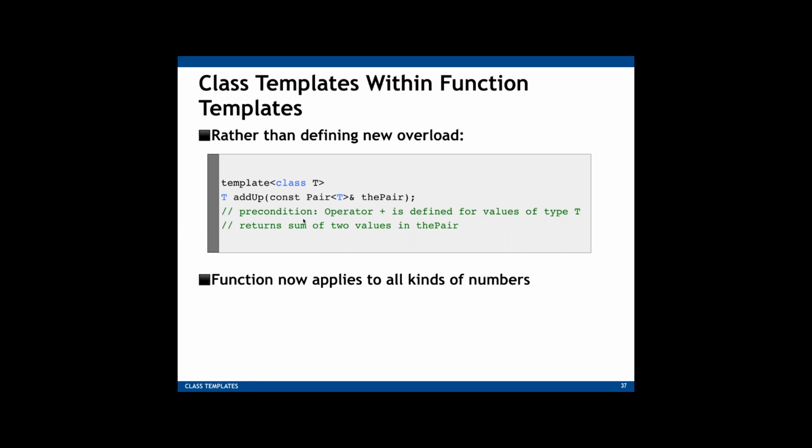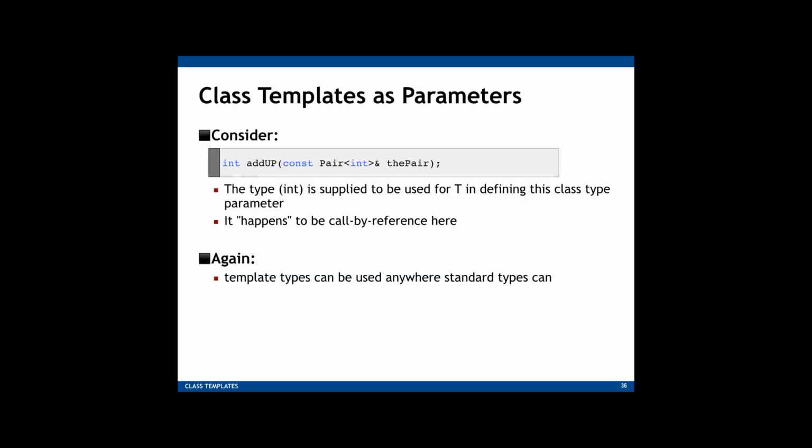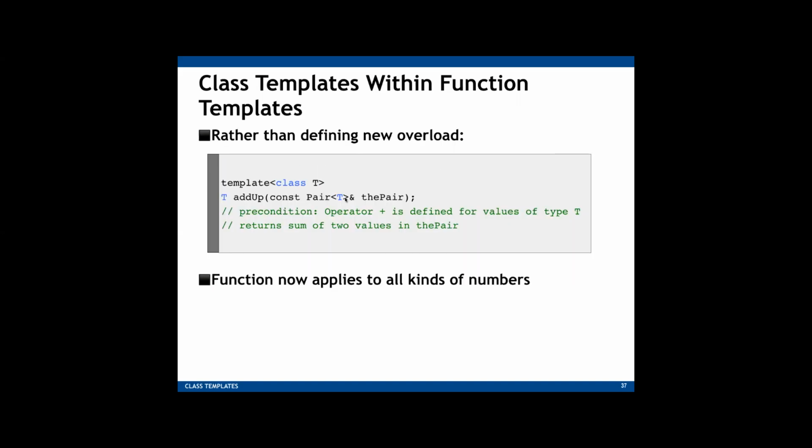So this is the generalized version of the adder functions. Its return type is T, whereas in the previous example its return type was int, and we specified int for the pair class type. But here we specify T for the return type of these adder functions, and we also specify T here for this pair class type.